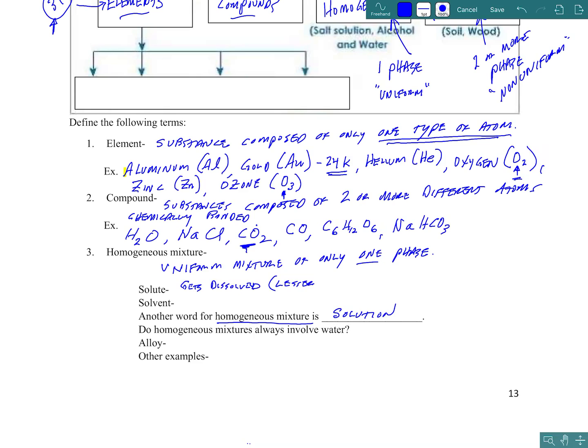And it's usually present in the lesser amount in the mixture. The solvent does the dissolving. And it's usually present in the greater amount in a solution or in that mixture.